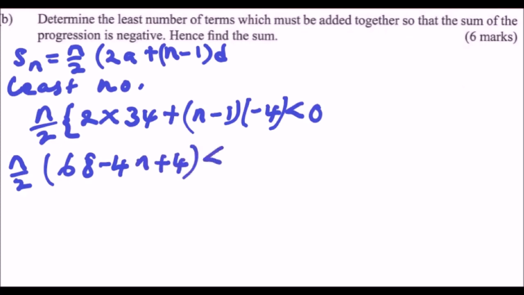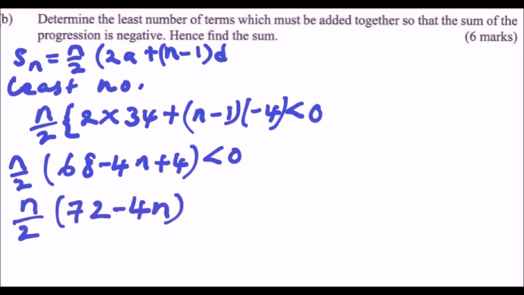It should be less than 0. When you add 68 plus 4, that will give you 72. So we have n over 2 into bracket, 72 minus 4n, must be less than 0.